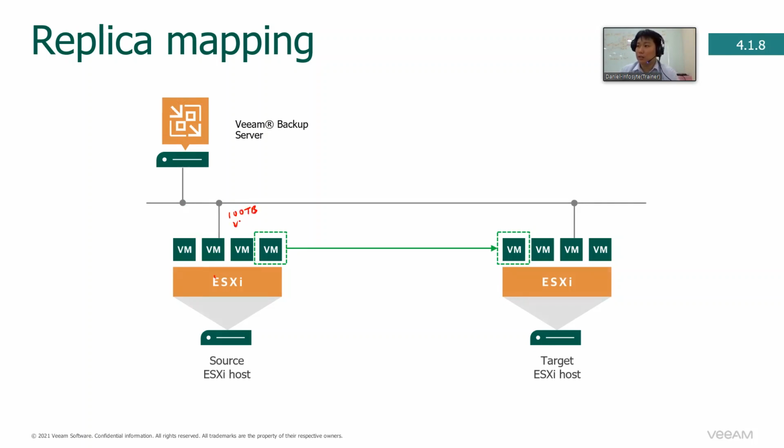For example, this 100 TB VM, and this is the 100 TB VM already there. Now, this replica mapping can be done to resume your earlier replication connectivity, or maybe earlier you were utilizing another replication method or software to do this.